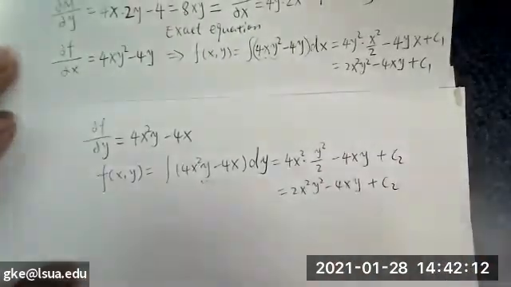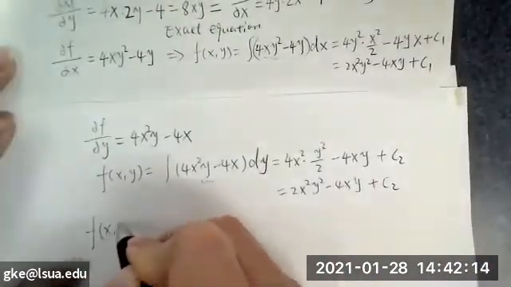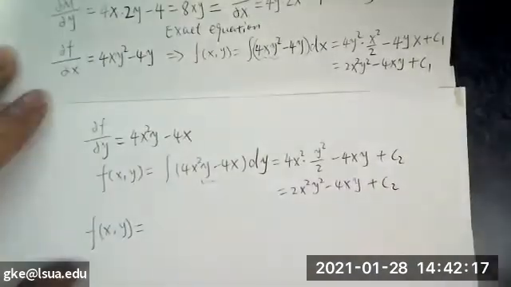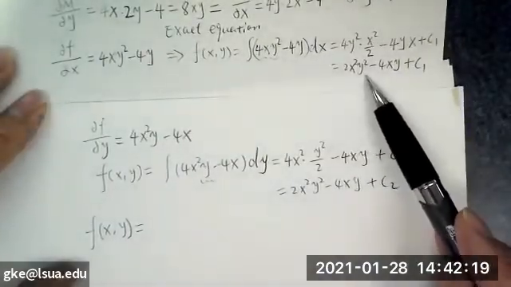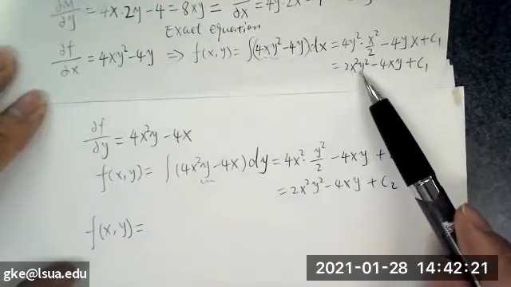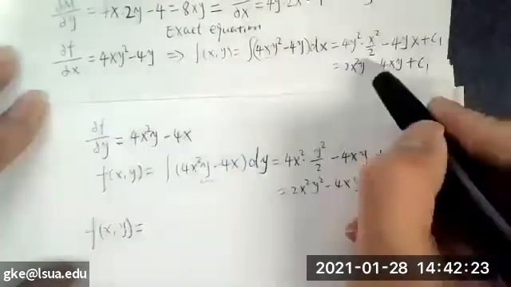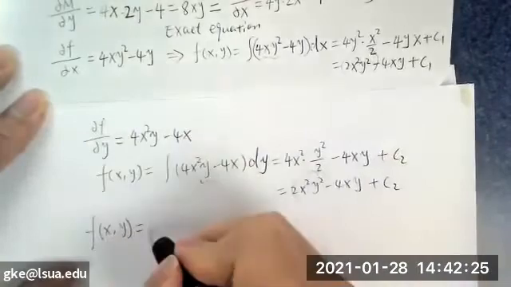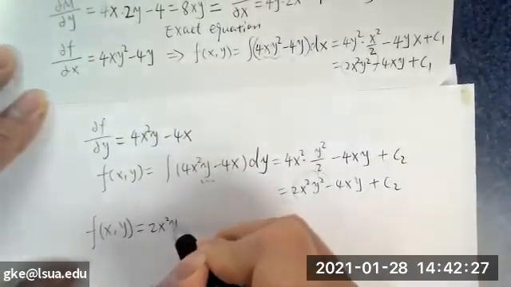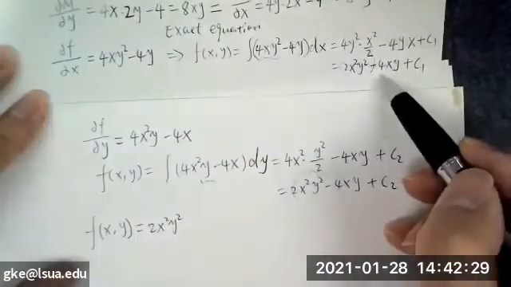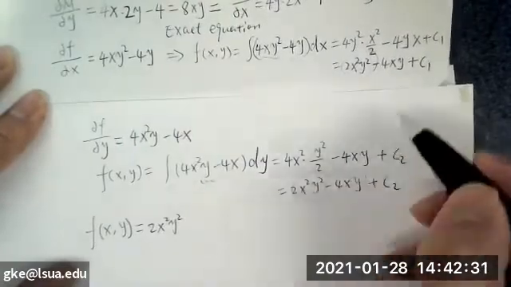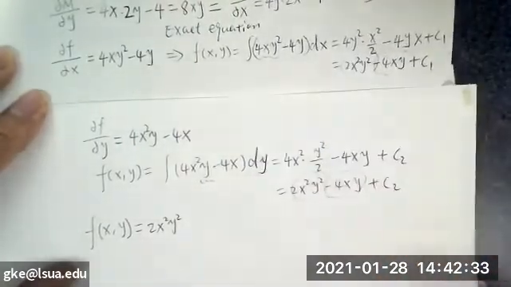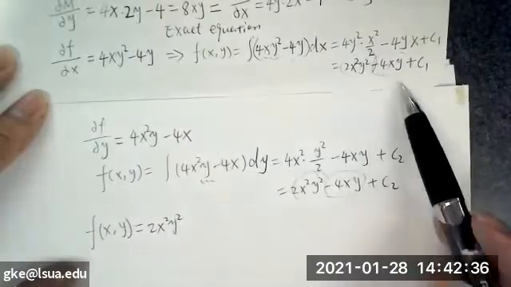Okay, very good. Now you can pick f(x,y). Here we have a repetition, 2x squared y, so we just pick one. And here we have another repetition, 4xy.